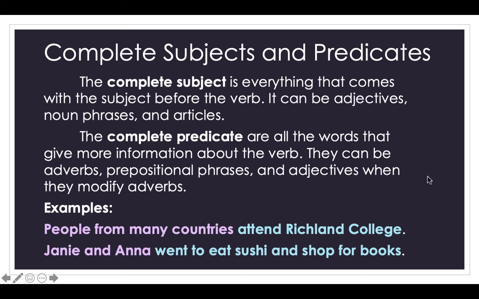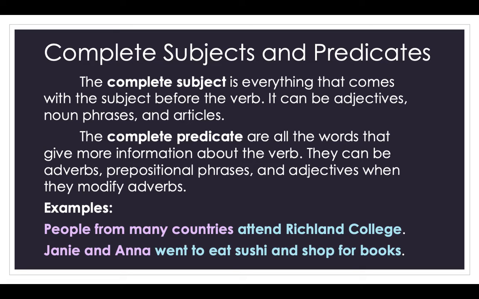The complete predicate is all the words that give more information about the subject, and it includes the verb. We could include adverbs, prepositional phrases, adjectives, other things. And you'll learn more about these in the coming levels. In level 2, level 3, level 4, you'll learn more about these other parts of speech. But let's look at these examples.